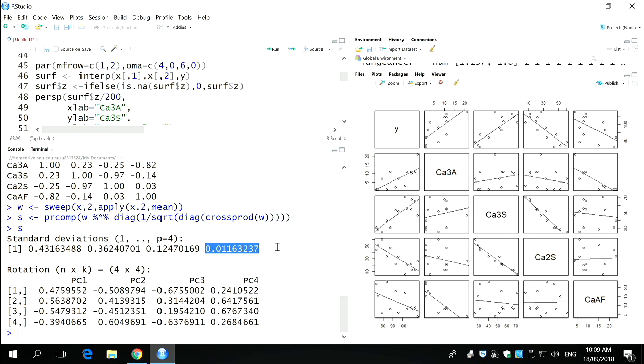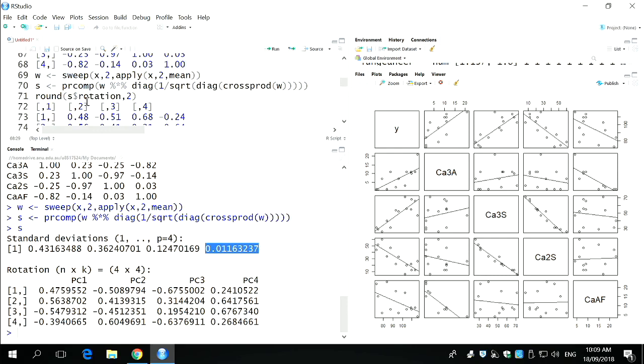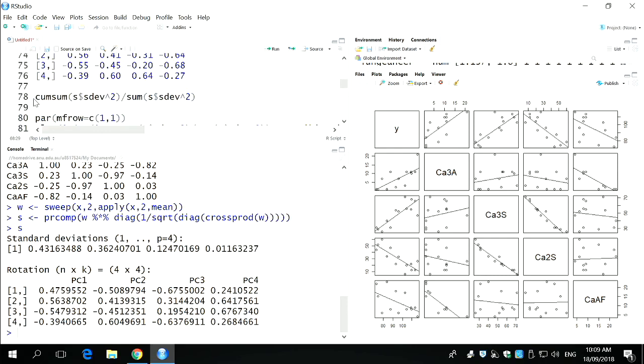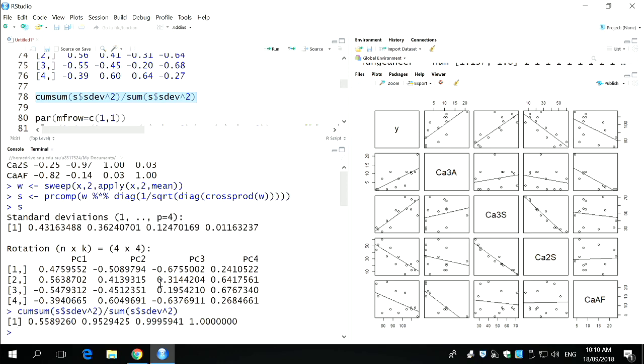Now, the things that are given here are standard deviations, not variances. So what I really want to do is square them and look at how they accumulate as I go from 1 to 2 to 3 to 4 directions. So first thing I'm going to do is look at this set of numbers here.